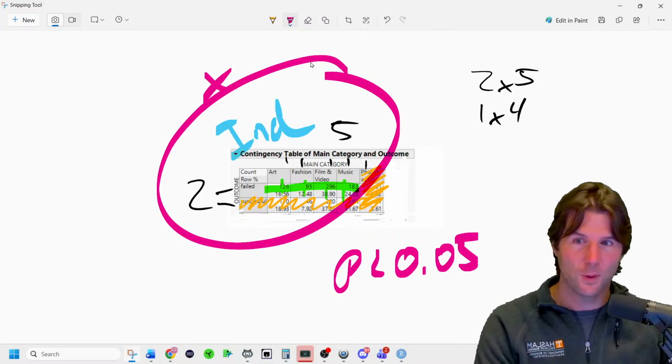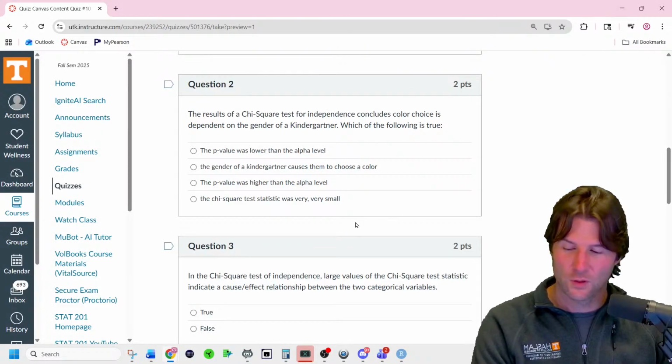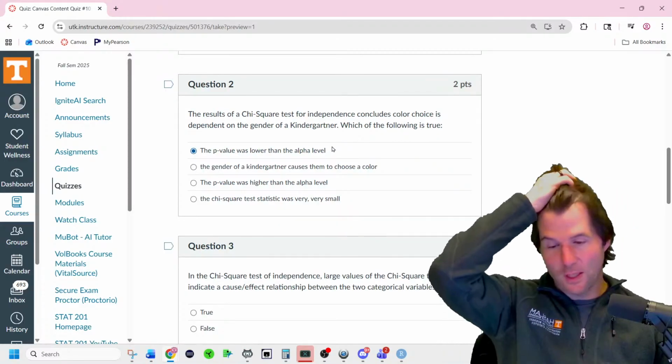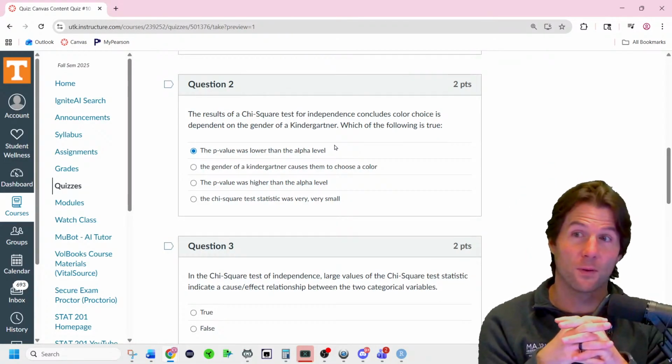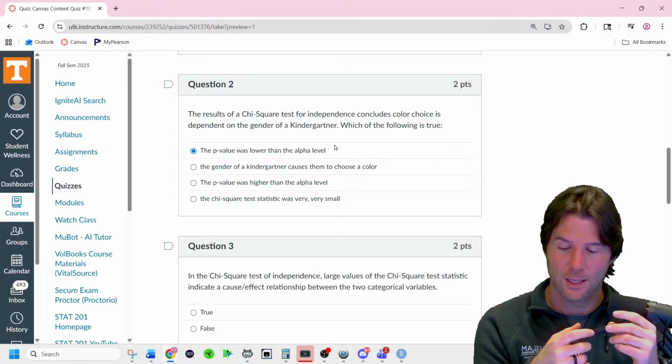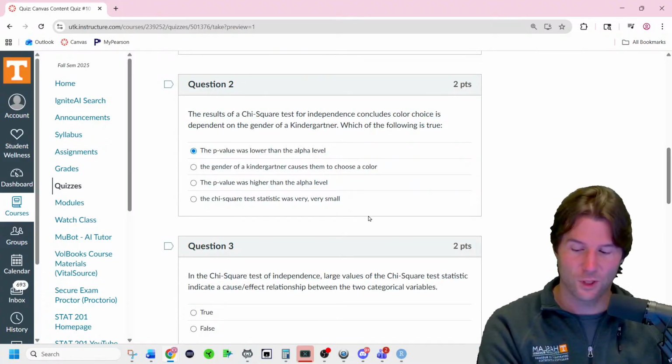So it means we had evidence for the alternative. So the p-value was lower than the alpha level is the right answer. The alternative would be that the favorite color is dependent or not independent of gender. And to conclude that, we'd have to reject the null.